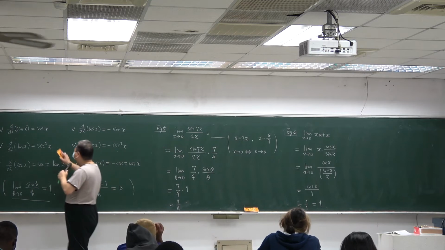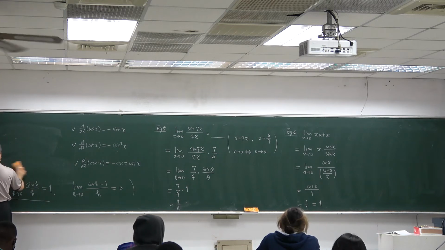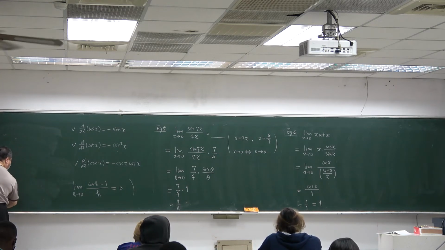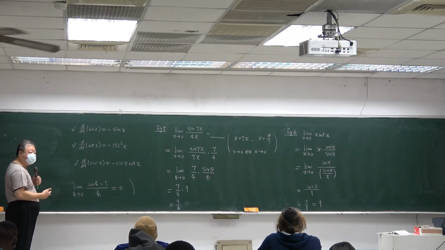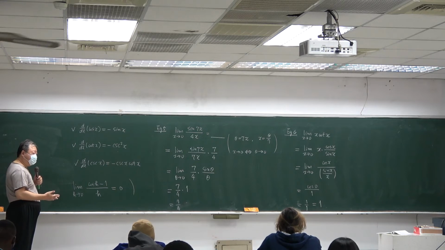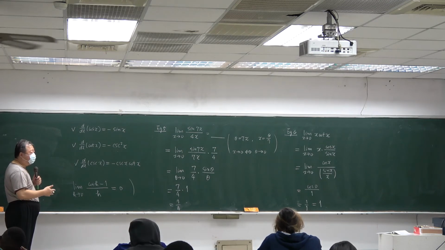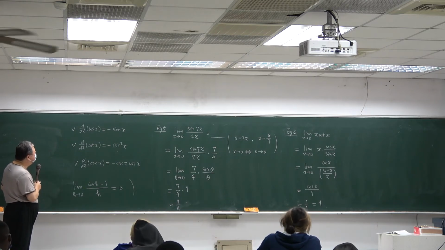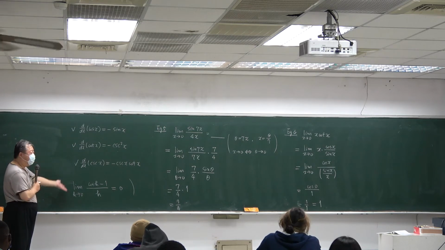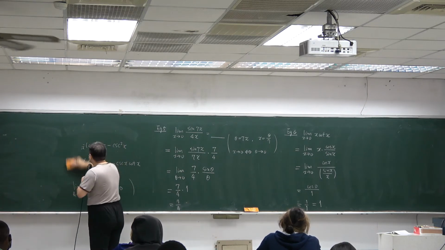So far, we know the definition of the derivative, and we also know some differentiation rules: sum rule, difference rule, product rule, quotient rule, and also power rule. And today we proved differentiation formulas for trigonometric functions.